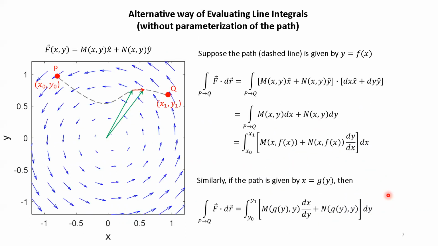But here, if I just integrate over dx, you just have to take care of this dy dx. Similarly, if I do not write the path as y equals f of x, but as x equals g of y, then you can follow the same procedure, and you find that this path integral can be written as an integral over dy.